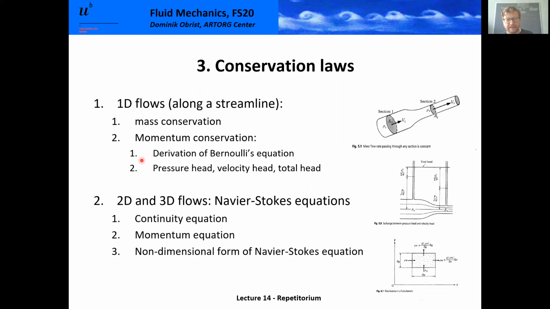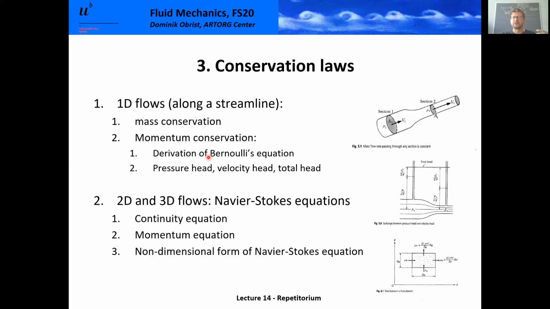And in a second step, we formulated a conservation law for momentum, Impulsgleichung, Impulshaltung. If we neglect viscosity, and that's what we did in the first place, we ended up with Bernoulli's equation or Bernoulli's law. Bernoulli's law, this famous simple formula, which tells us that the sum of a few quantities is constant along a streamline, as long as you don't have viscosity.